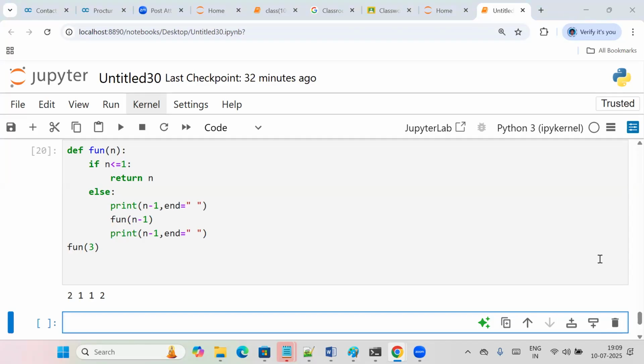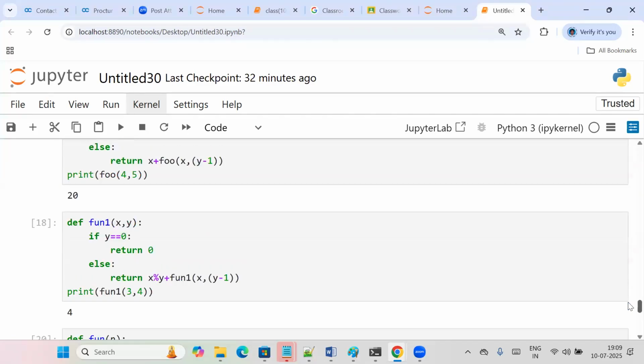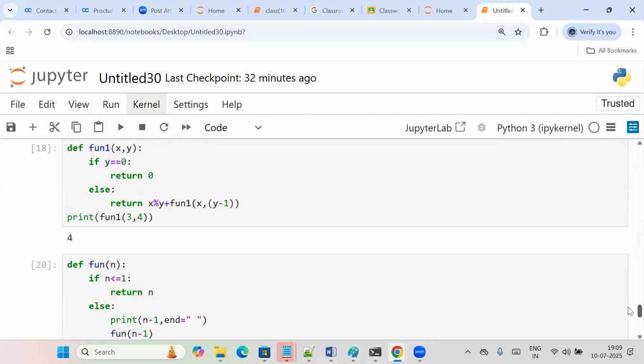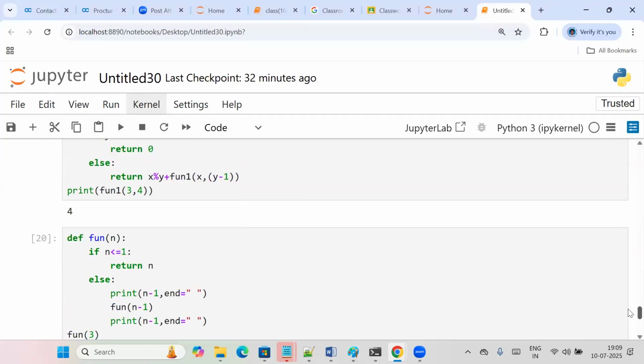Check the base condition, guys, in this case. Always check the base condition. When y becomes 0, ultimately your anchor step will get executed.